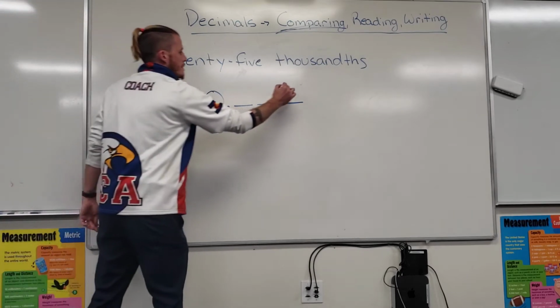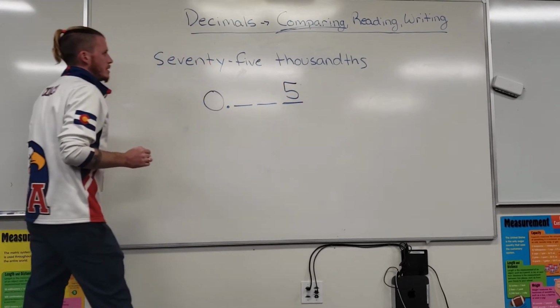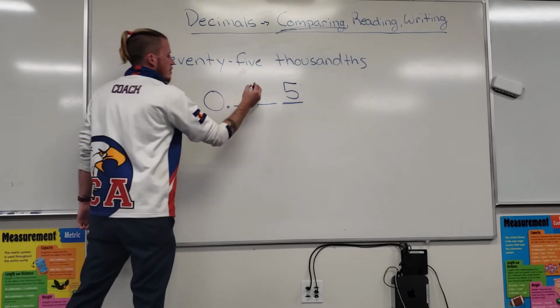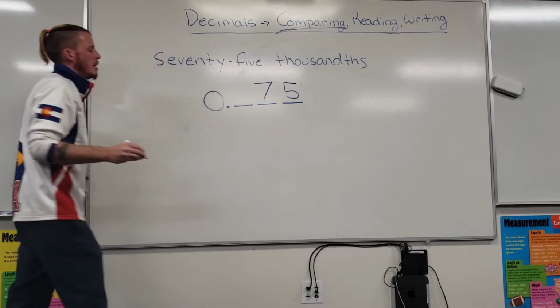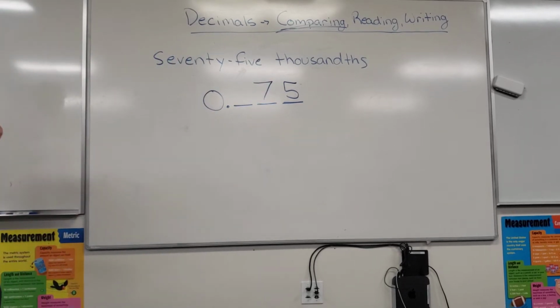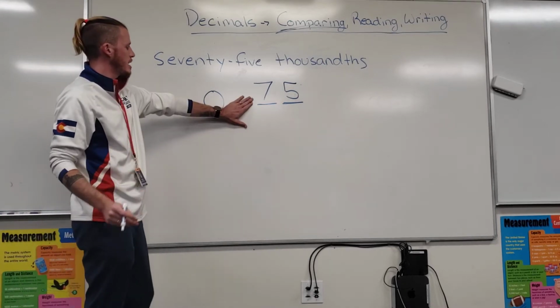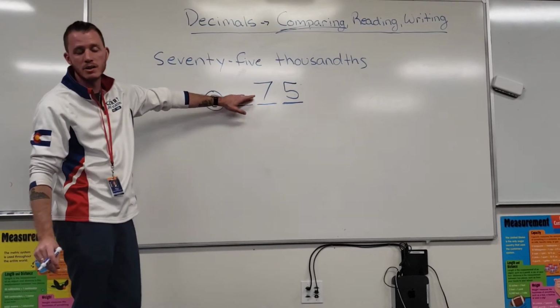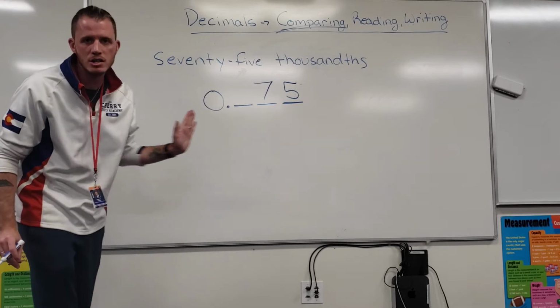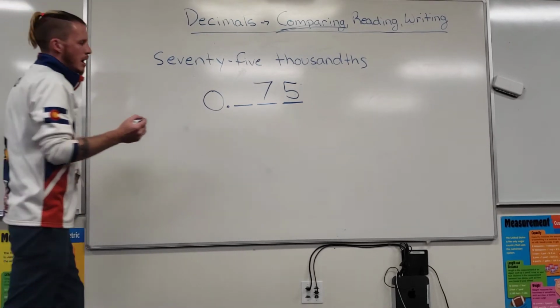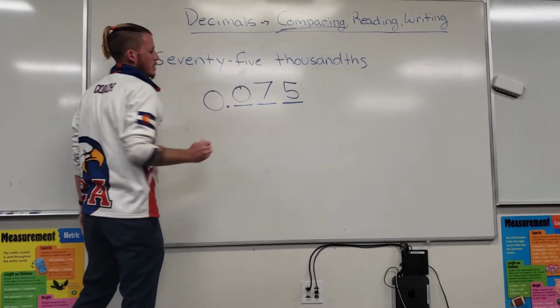I'm going to put the 5 in the thousandths place, and I need 75, so I'm going to have a 7 here. And then we need one more thing. If I just leave it as is, this would technically be 0 and 75 hundredths. So to push those digits back to their right place value, I need a placeholding 0 here.